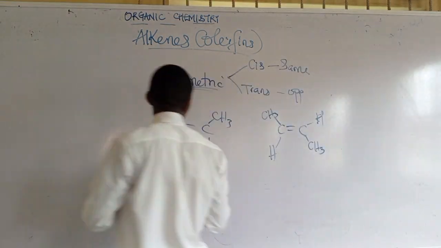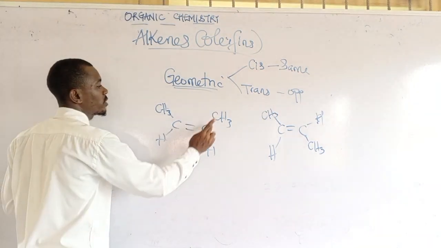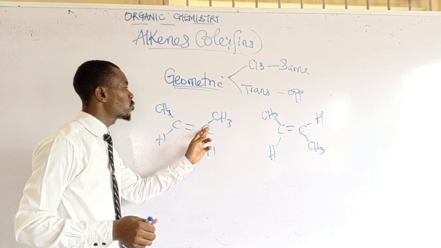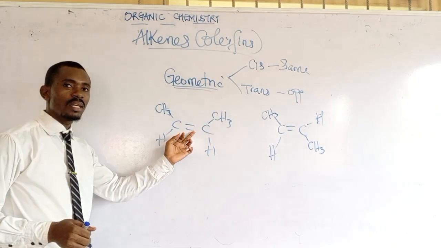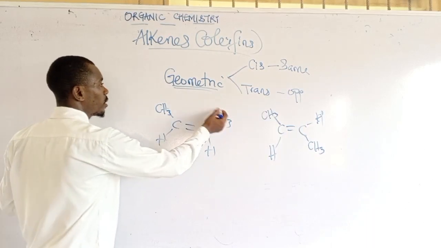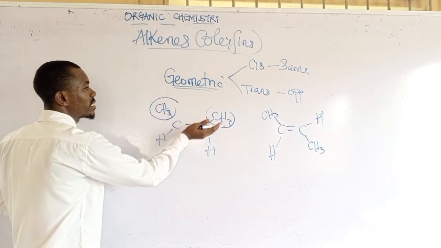If these groups are on the same side, it is cis configuration. If they are on opposite sides, it is called trans configuration. This is named by first counting the carbon atoms: 1, 2, 3, 4. Then at number 2 there is a double covalent bond, and the groups are on the same side.